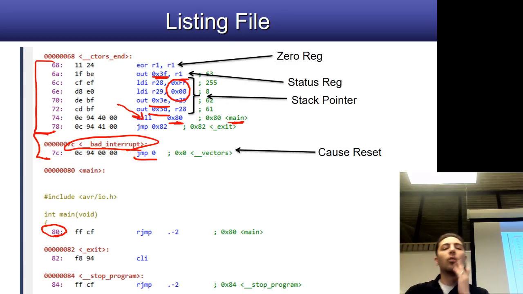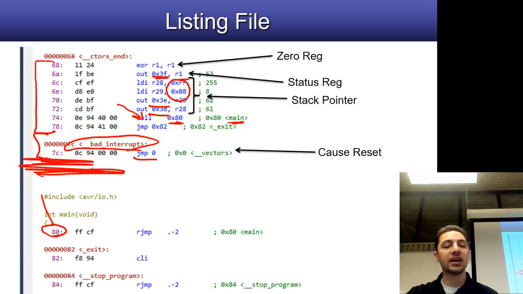All right. Well, now that we've gotten through the first 7C worth of instructions, which seem to do almost nothing, now we actually, at address 80, finally get to our code. Our code says rjmp .-2. Period -2, which is a little bit odd. We haven't seen that notation before. We always use labels.